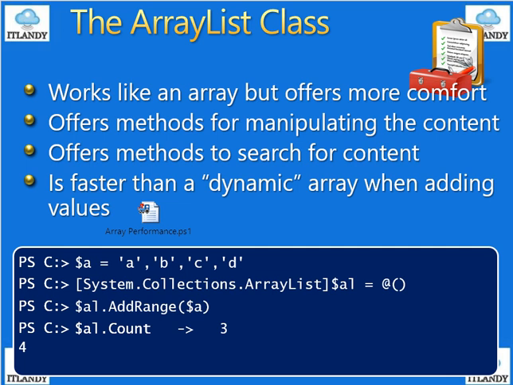Let's cover this in more detail in the next part. For this part, I think we covered enough information. Let's quickly recap, and then in the next part we can cover more details around the ArrayList class. We will compare it to a proper array object and see the differences between these two types.